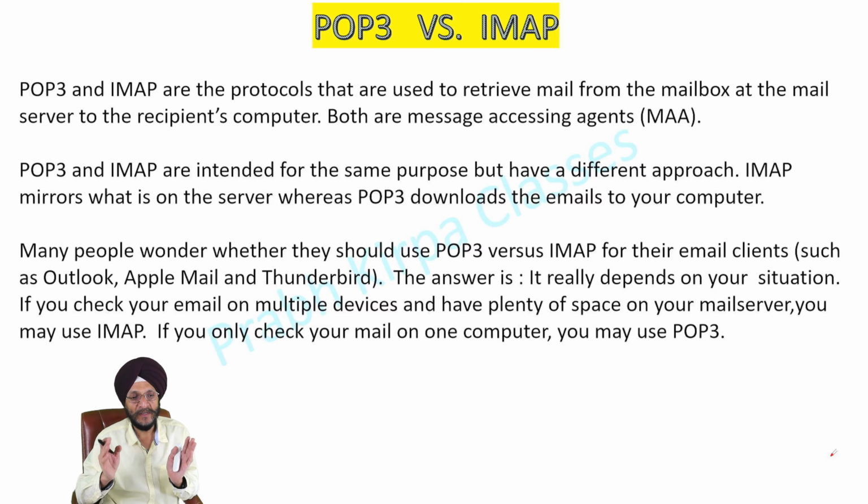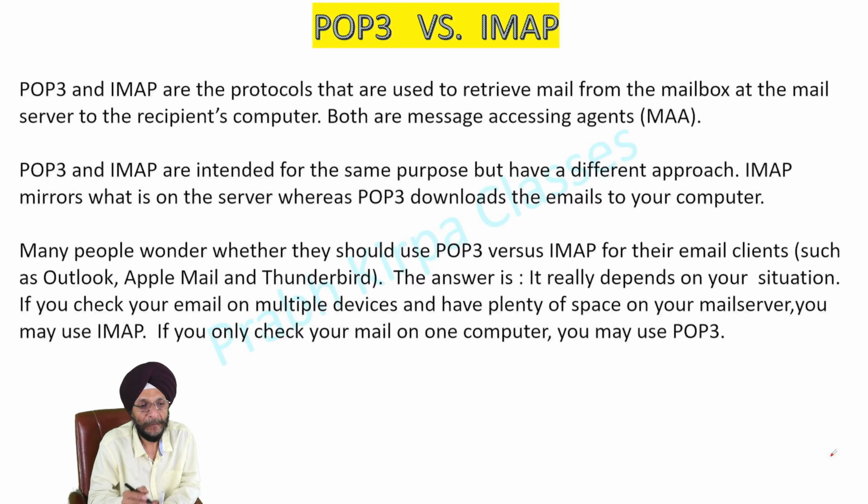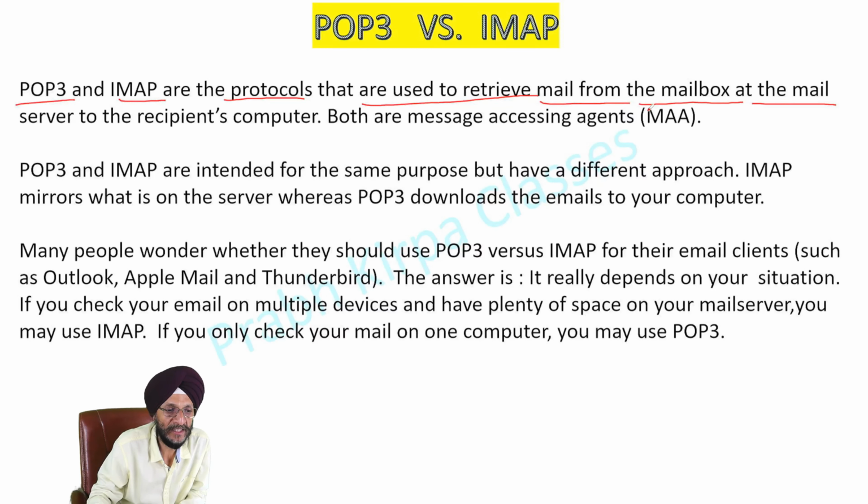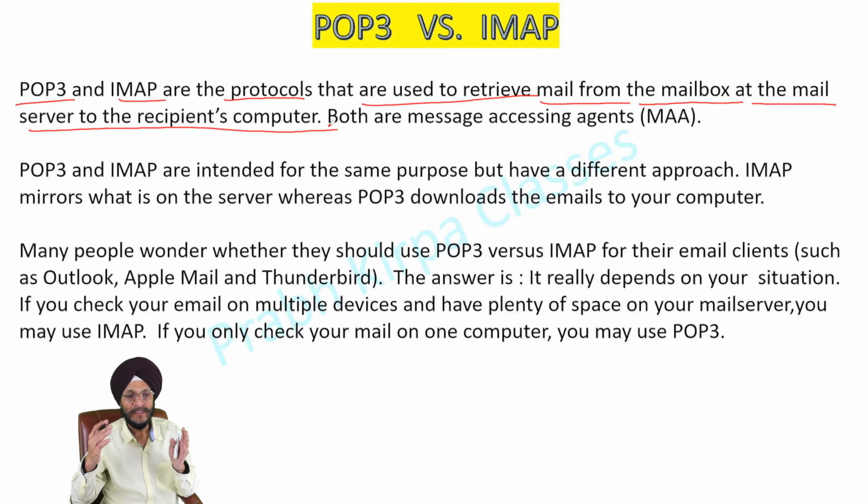Now we will try to understand some similarity or difference between POP3 and IMAP. Both these, POP3 and IMAP, are the protocols which are used to retrieve mail from the mailbox at the mail server to the recipient's computer, so that these protocols are used to view the mails on our computer.